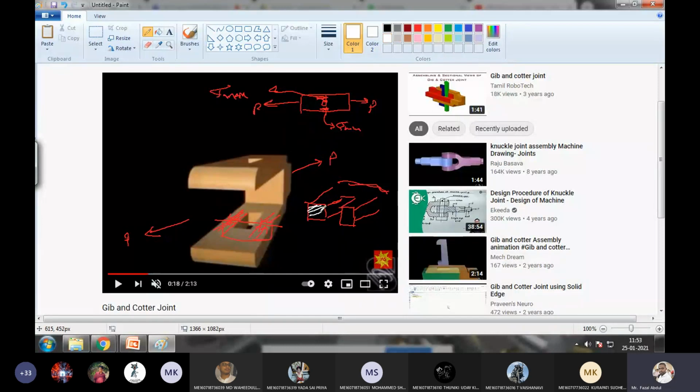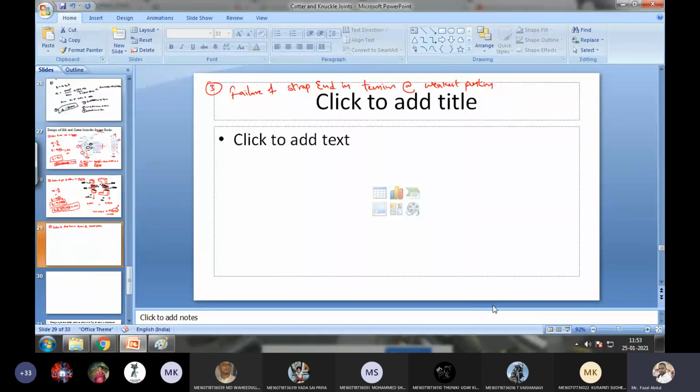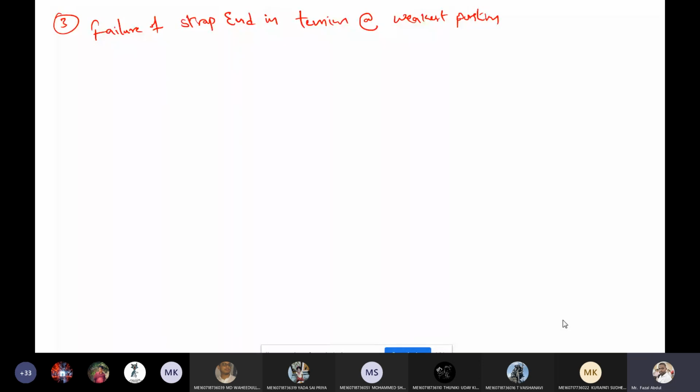This is the failure area. Okay, so here two failure areas are generating, that I am drawing here separately.